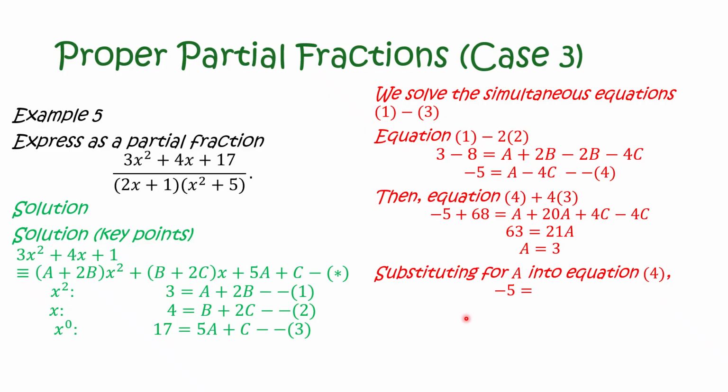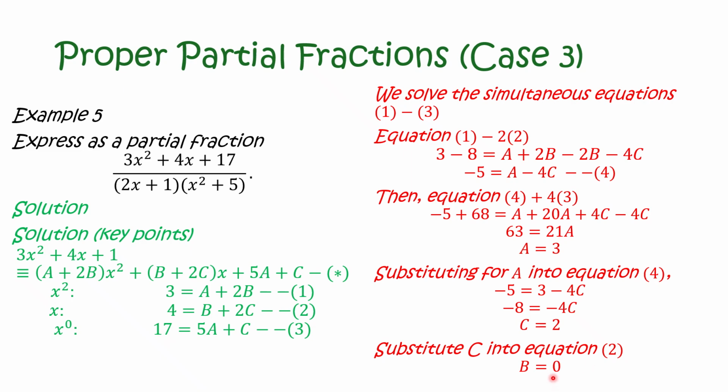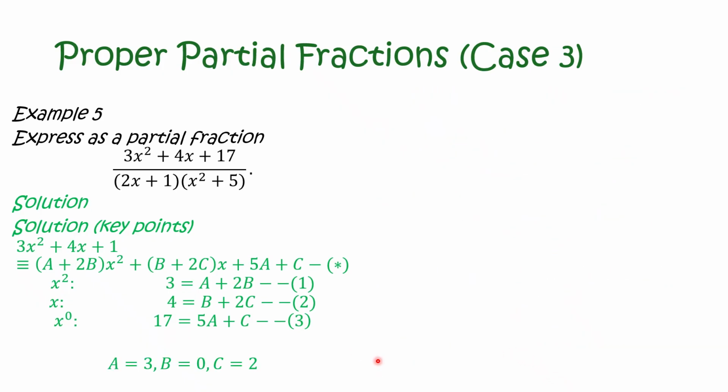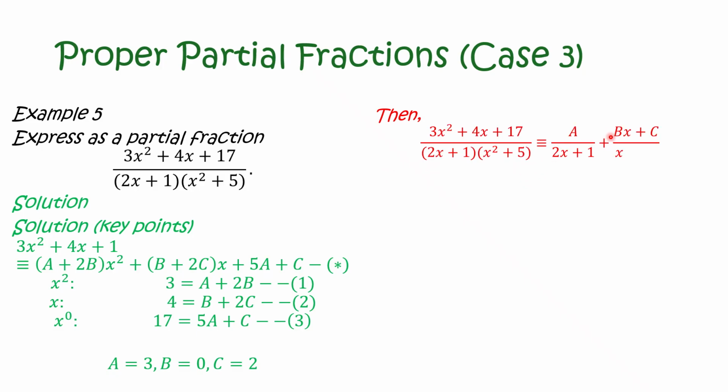Then we substitute for A into equation 4. Doing so, we obtain minus 5 is equal to 3 minus 4C, so that we get minus 8 is equal to minus 4C, and C becomes 2. Substituting for C into equation 2, we get B equal to 0. Now, recall from formula 3, we are substituting these values that we obtained for our variables.